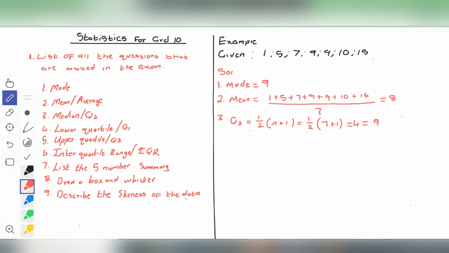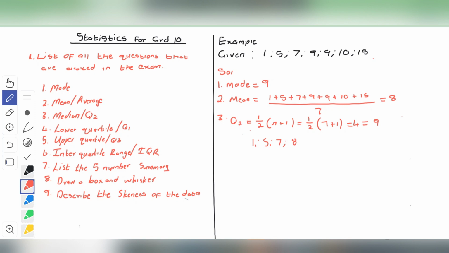But then let's talk about when our data set is even. We can see that this data set is odd because we have 1 2 3 4 5 6 7. It's 7, right? So let's say we have 1, 5, 7 and 8, and we are instructed to find the median.